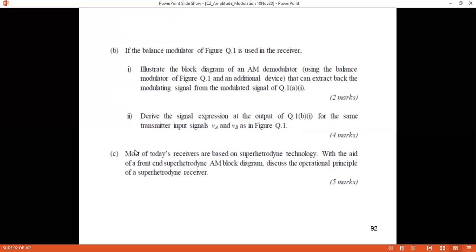And then finally, superheterodyne technology. Okay, so after the generation and detection of full AM signals, I will touch on this superheterodyne technology because this is what has been practiced commercially. But the block diagram and operational principles are as explained in the slide.